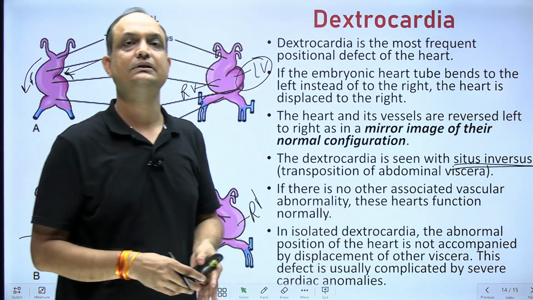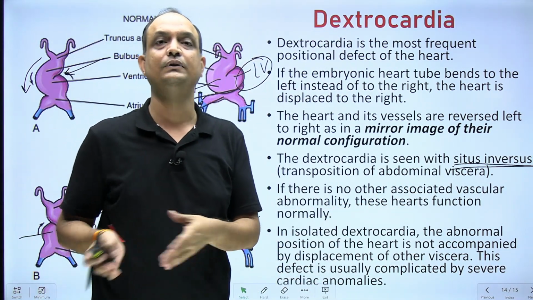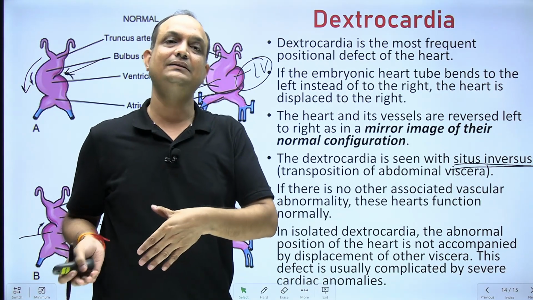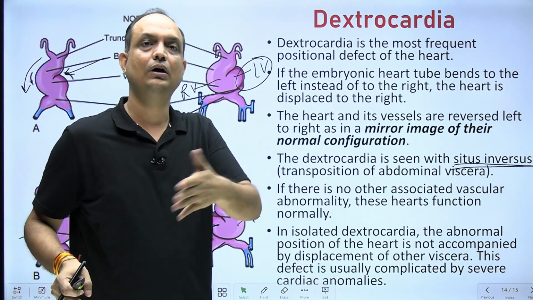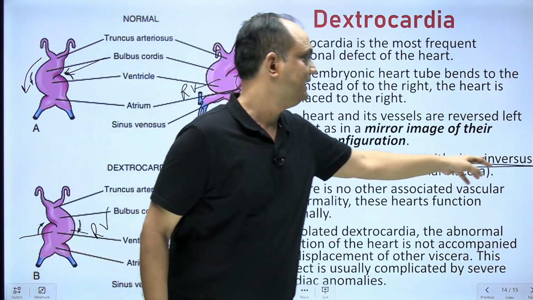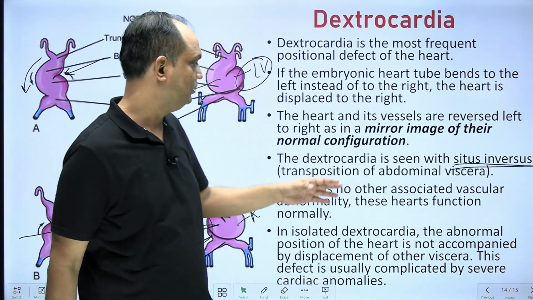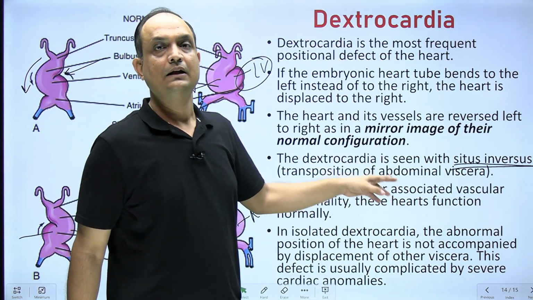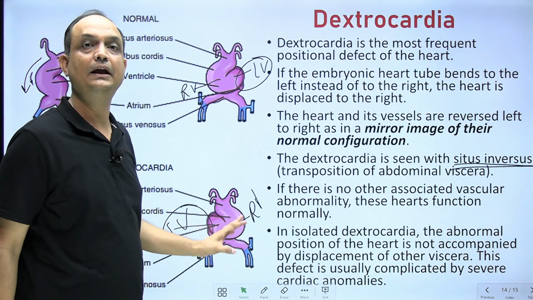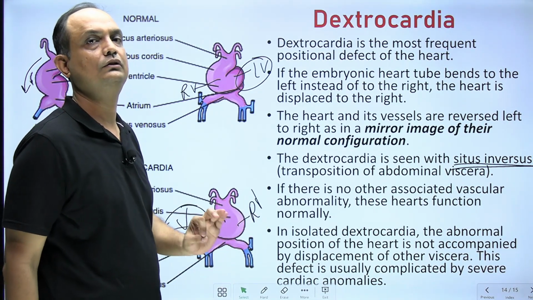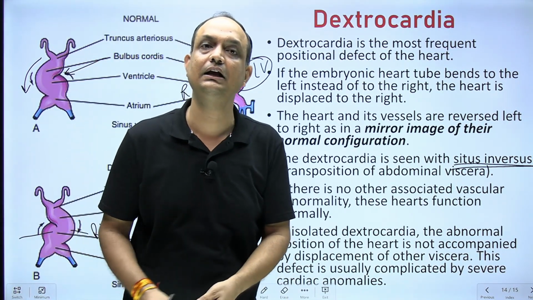In situs inversus, your abdominal organs also shift to the opposite side. That means your lesser curvature shifts to the left side. So this rotation to the opposite side is known as situs inversus. So abdominal viscera also have a mirror image. Now a dextrocardic heart may function normally if it is not associated with any other cardiac anomaly.